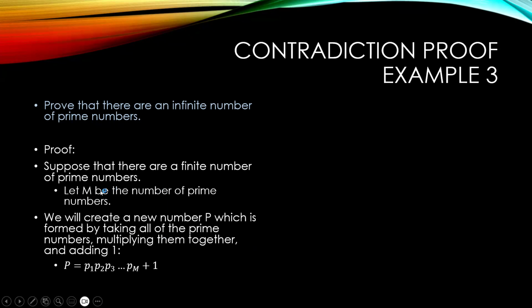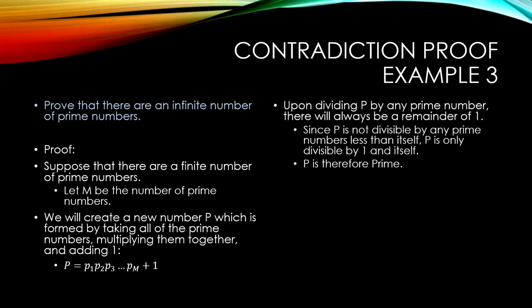And so we know that there are m prime numbers, or at least that's what we're assuming if there's a finite number. And so p1 times p2 times p3 all the way multiplied by p sub m, our mth prime. And then we're going to add 1 to that.